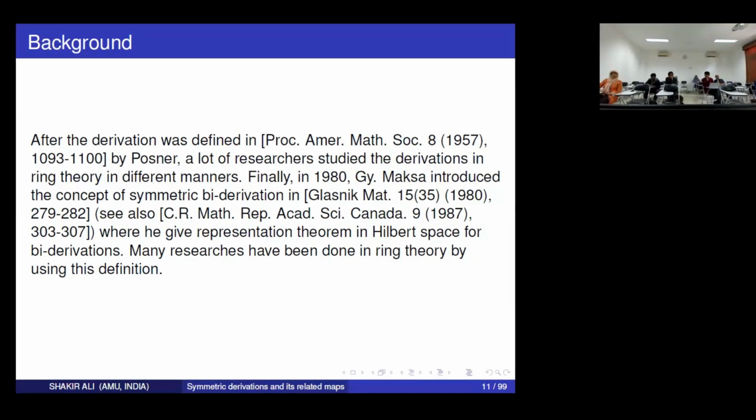Then there were several developments in the field, and the biderivations that we are going to define are due to G. Maksa, I think a Hungarian mathematician, who introduced the concept in 1980 and then 1987.